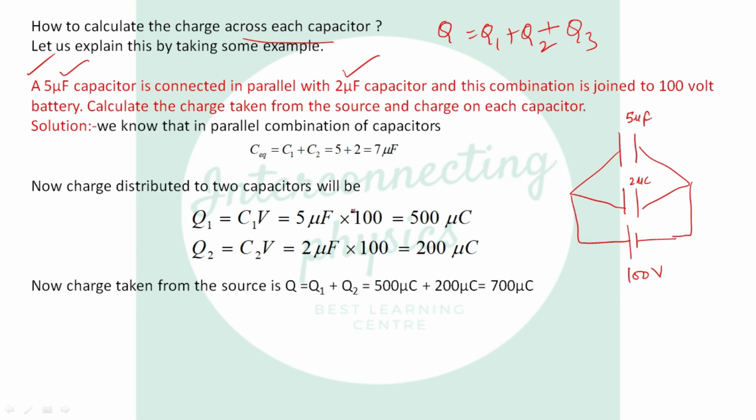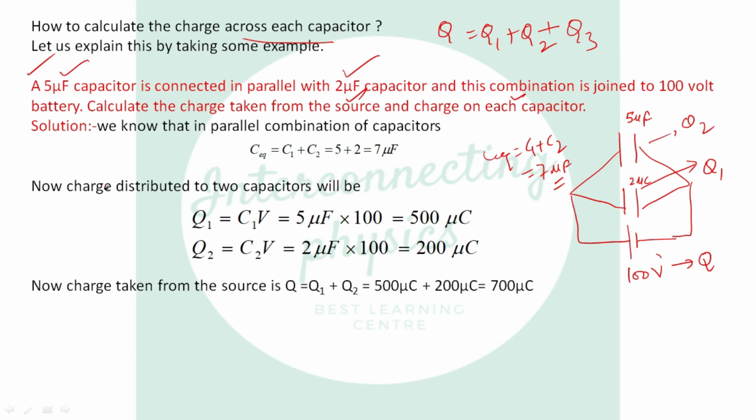Now we know that the equivalent capacitance here will be C equivalent equal to C1 plus C2, which is 7 microfarad. Now what is the question? Calculate the total charge from the source and the charge on each capacitor. Let us say the charge of the source is Q, and the charge on each capacitor is Q1 and Q2.